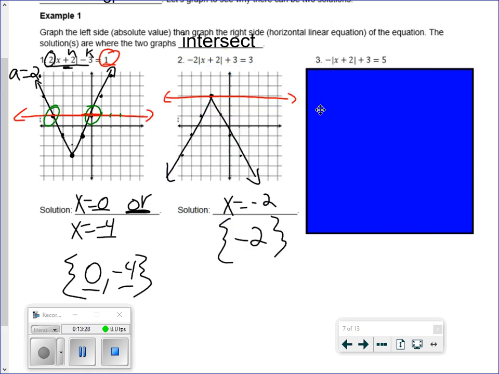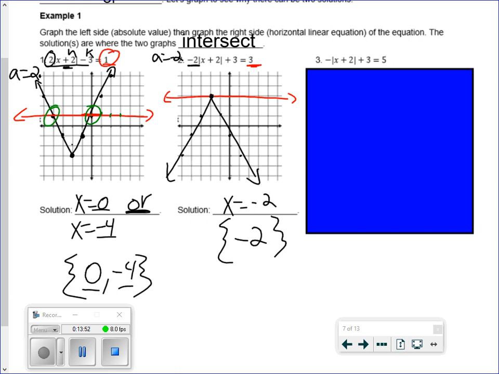All right. Number 2. This is what you should have gotten. For the right side, we have y equals 3. That's the red line, the y equals 3 line that goes right through the vertex. And when we're graphing our absolute value function, in this case, our a was -2 with no b. So you start at the vertex, and it's negative, so we're going down, right?